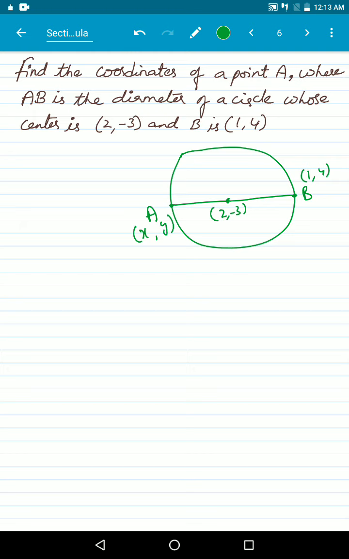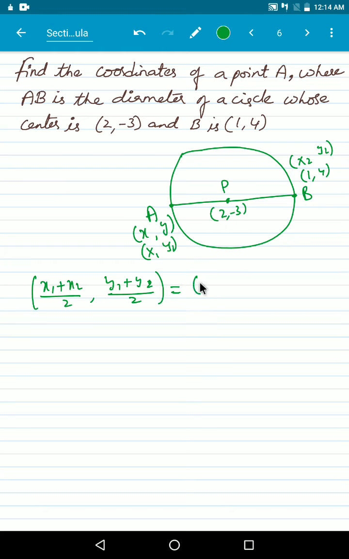So this center is the midpoint of the diameter, right? So if we take this as x y, let us consider this as x1 y1, this one will be x2 y2, and the center will be 2 comma -3. Let us denote the center by P. We know the midpoint formula, x1 plus x2 by 2, y1 plus y2 by 2.